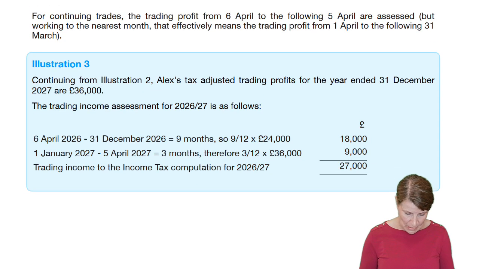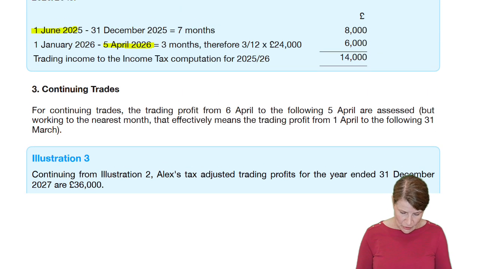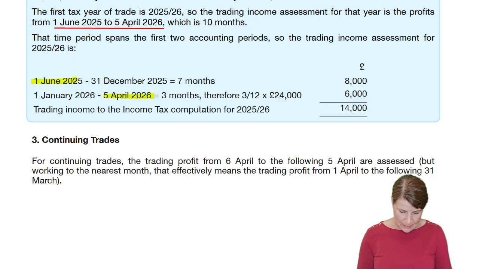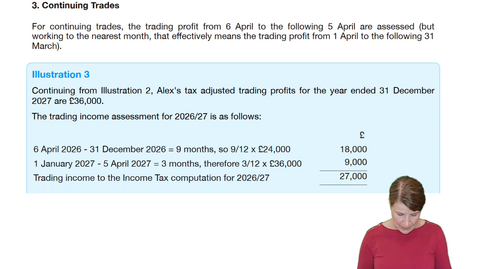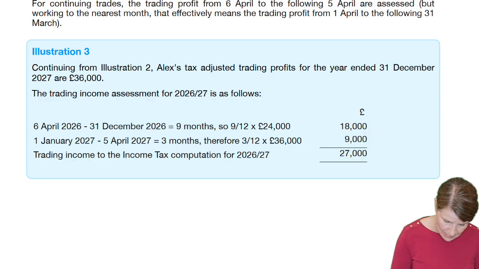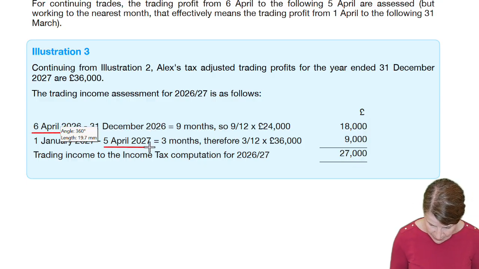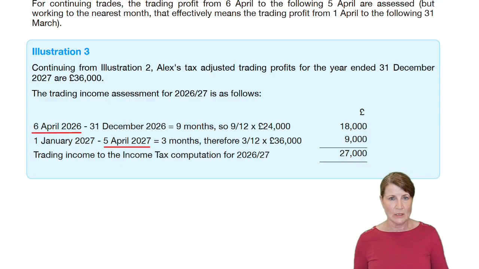So we're going to continue from illustration 2. We've got Alex. So we've got his trading income assessment there for 2025-26, but what are we going to get for 2026-27? Well, we're going to take the profits, obviously, from the 1st of April 2026 to the 5th of April 2027, and we've got 2 sets of accounts to deal with.